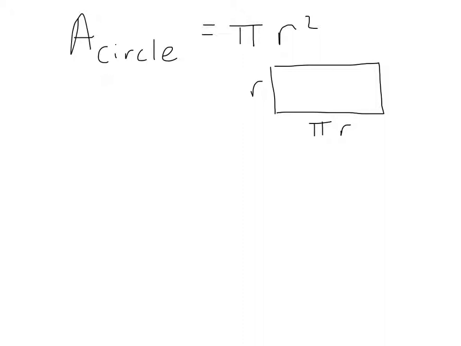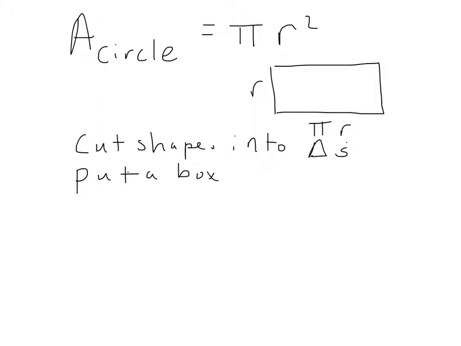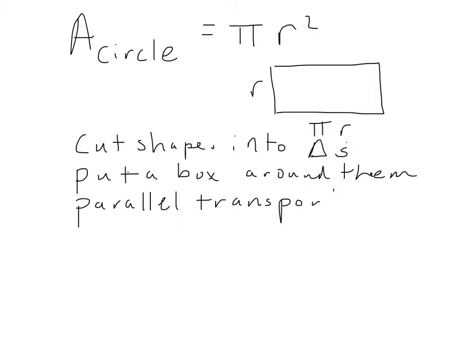We learned that you can cut shapes into triangles, or you can put a box around them, and that can help you calculate the area. And then finally we learned about parallel transport, which says that if you slide things parallel to each other, you don't change the area.